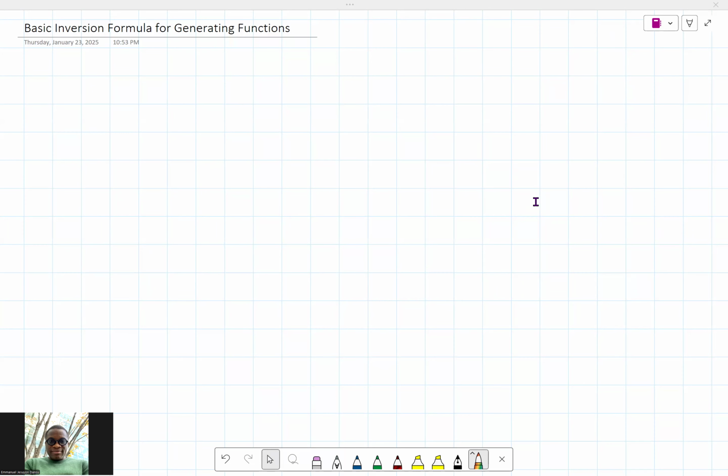We're still talking about generating functions, and here we are focused on the basic inversion formula for generating functions.